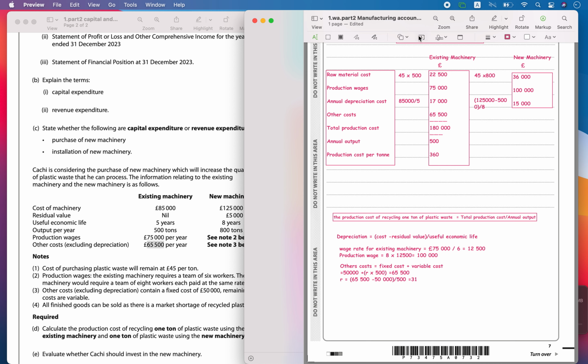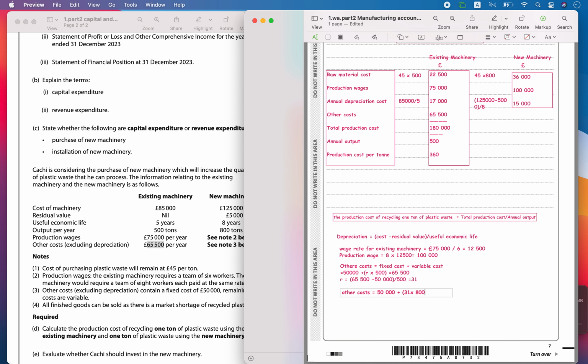Now for the new machinery, we have to calculate at this rate. What is the other cost going to be for the new machinery? It is going to be the fixed cost, which doesn't change, 50,000, plus R, which is 31 this time, and the output is going to be 800.